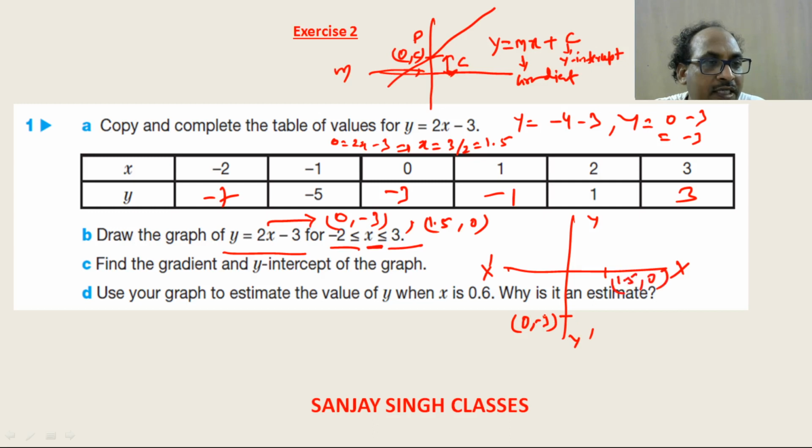If this is A and this is B, the line joining them like this will be the graph.